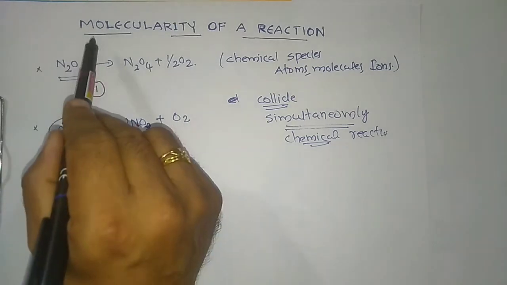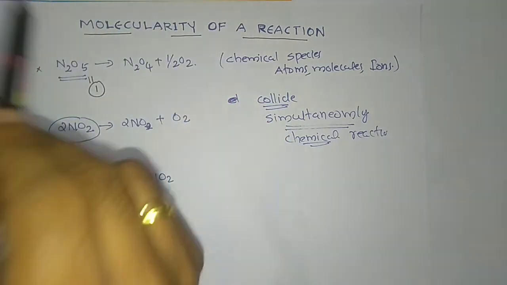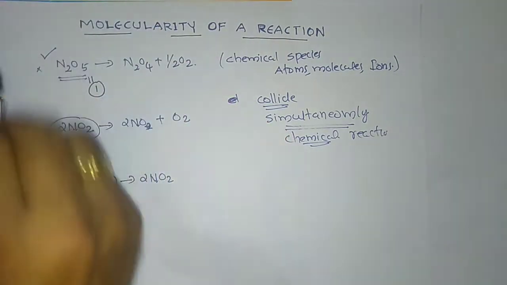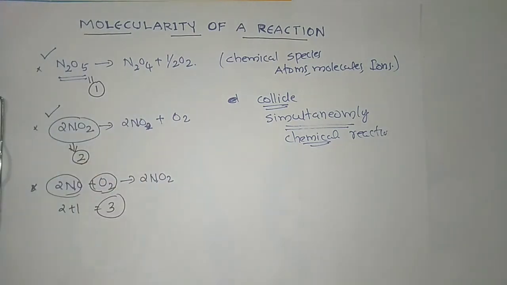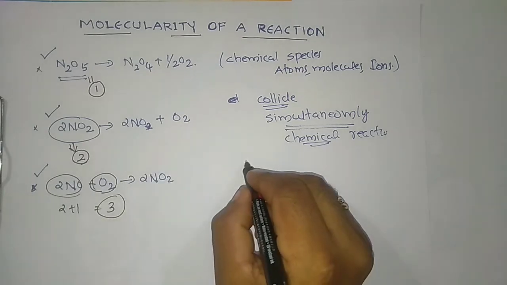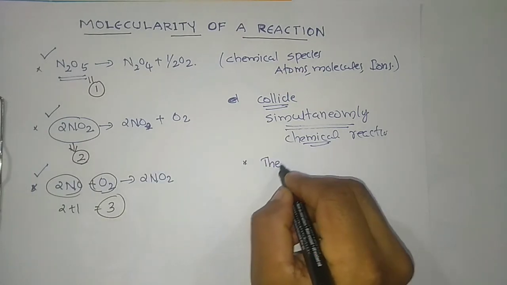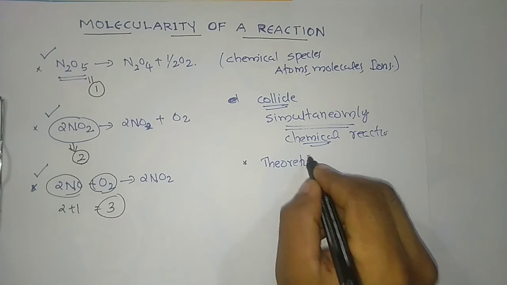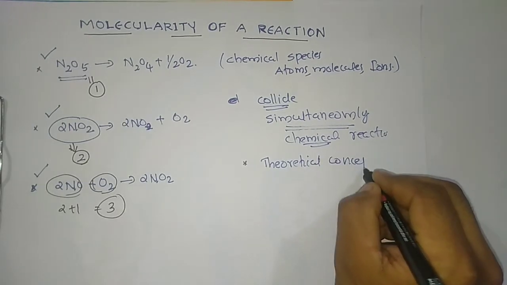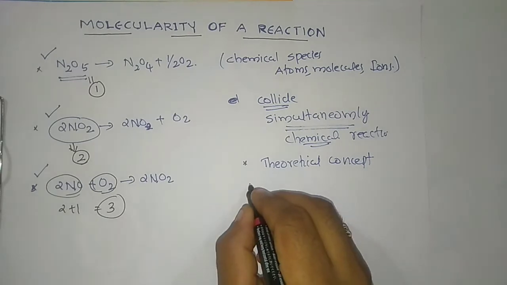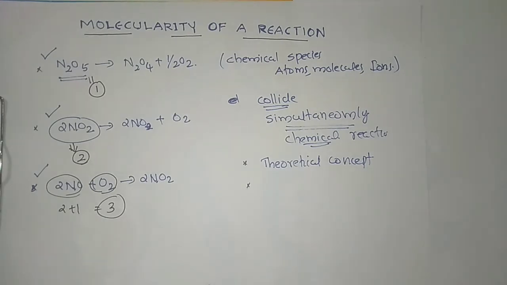Here the molecularity of a reaction can be predicted by using the chemical equation. Molecularity is equal to 1, then 2, then here 3. That means molecularity is a theoretical concept.